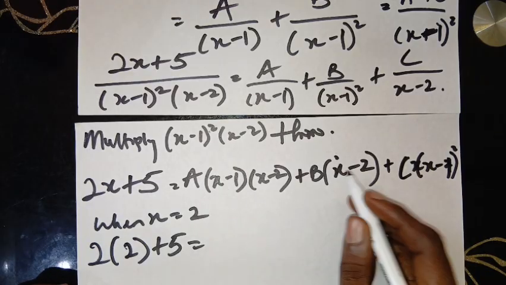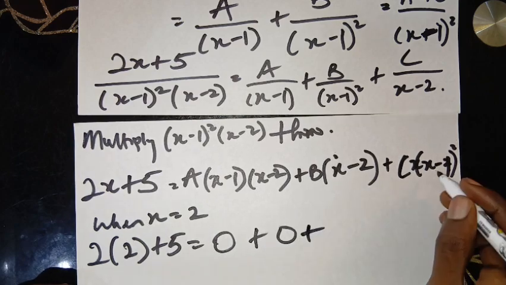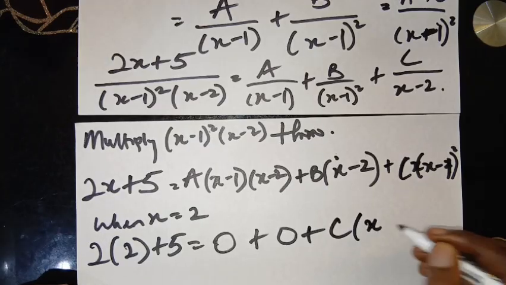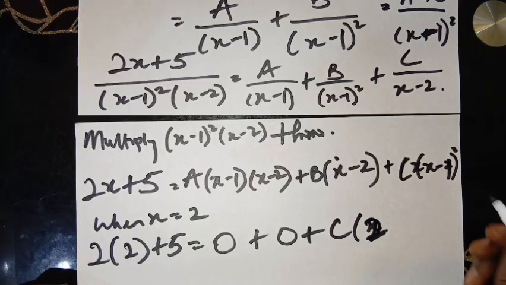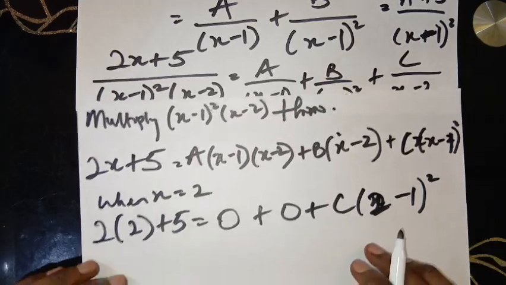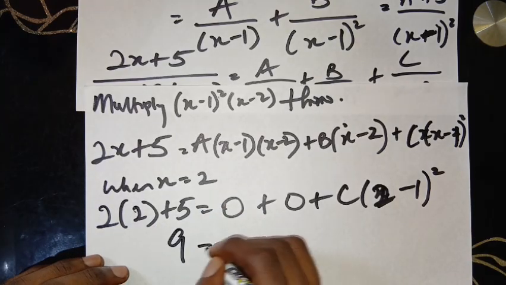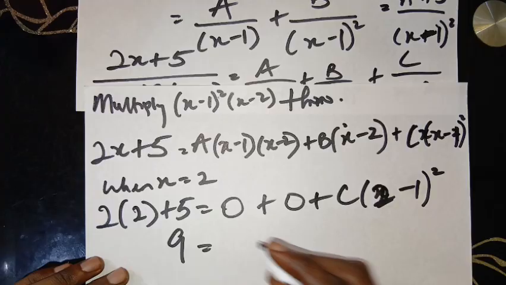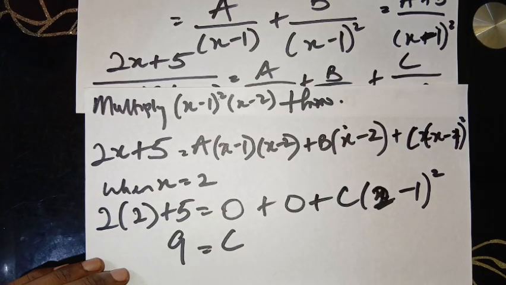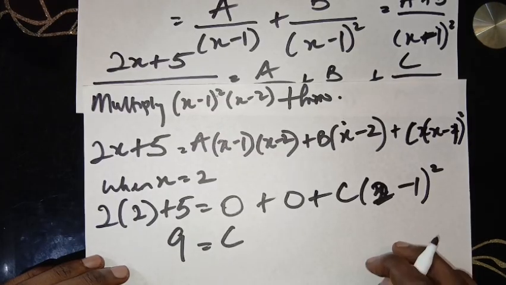Then 2 minus 2 will give us 0, so 0 plus 0. So we see x is 2, minus 1 squared. So 2 times 2 is 4, 4 plus 5 is 9. That will give us, we already have this, 1 squared. So C is equal to 9.